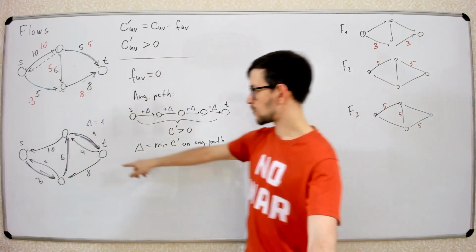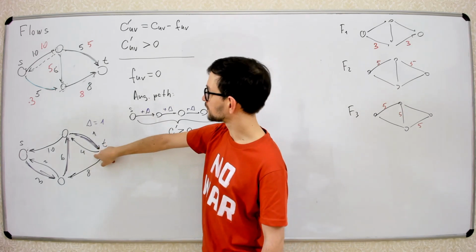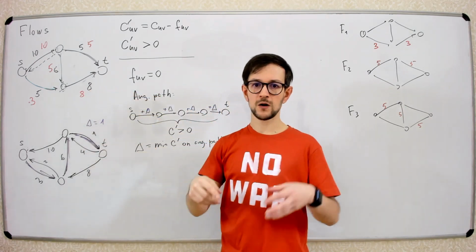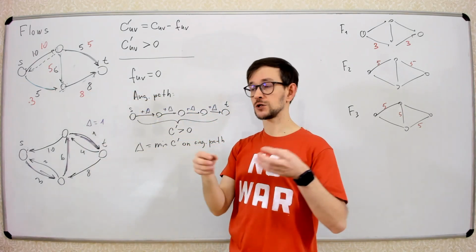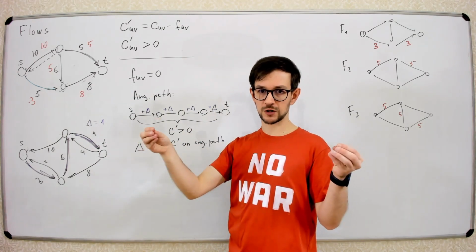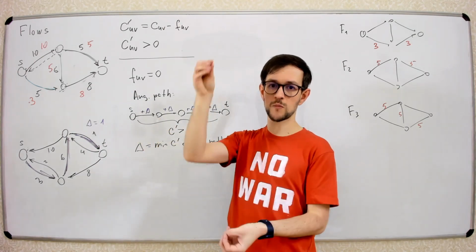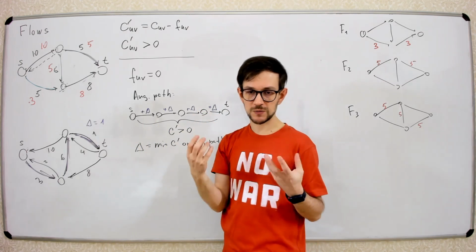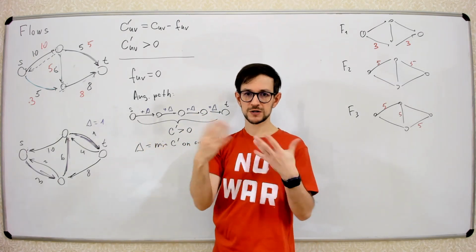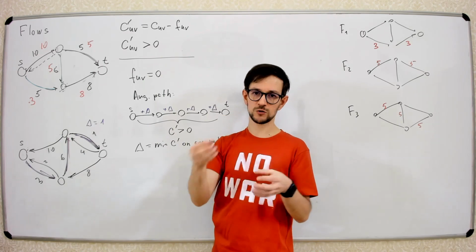So this augmenting path, if we put it here, for some edges it will go in the normal direction, for some edges in the opposite direction. And what does it mean? If you go in the normal direction, you increase the flow. If you go in the opposite direction, you decrease the flow.